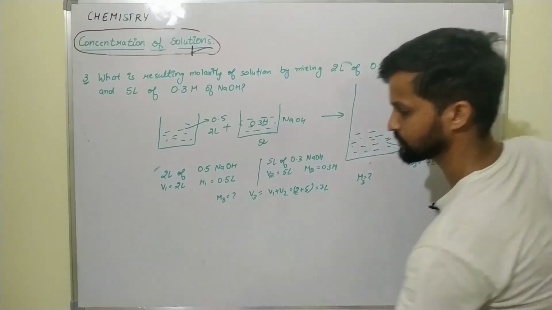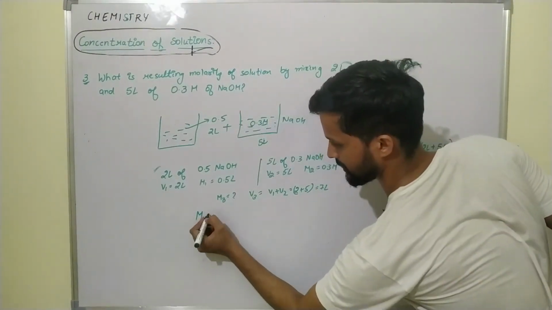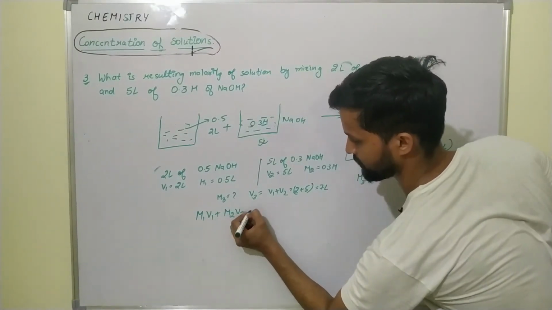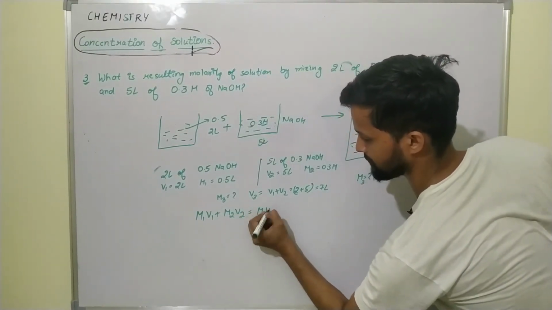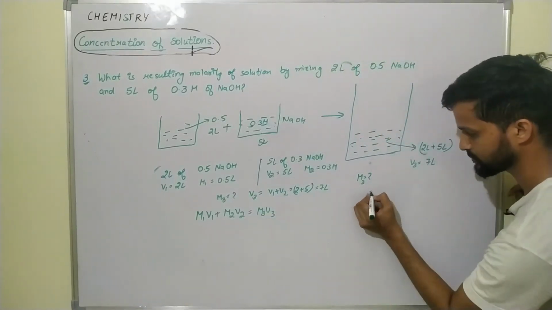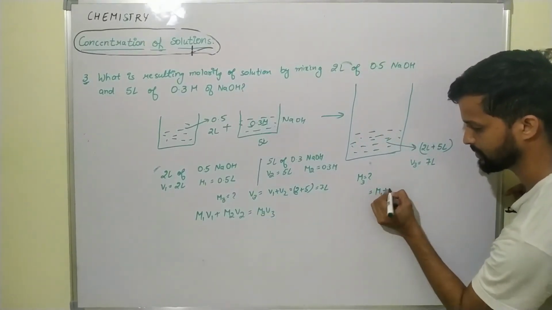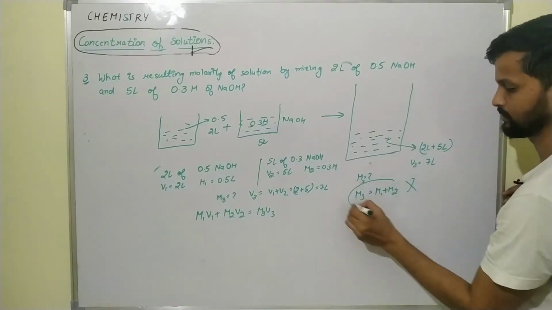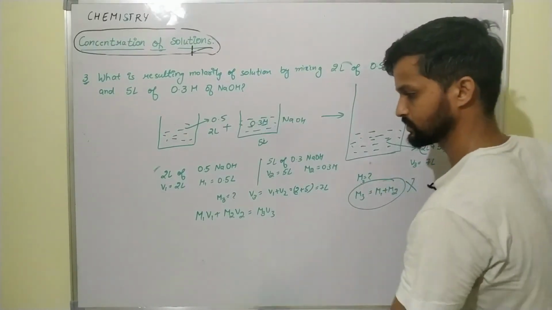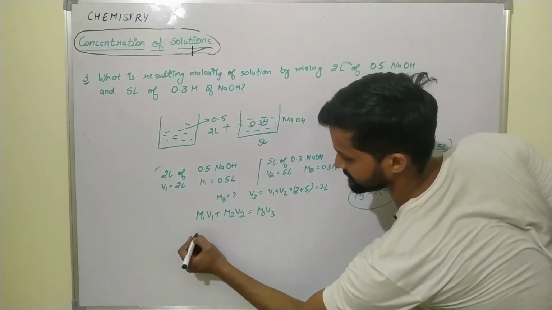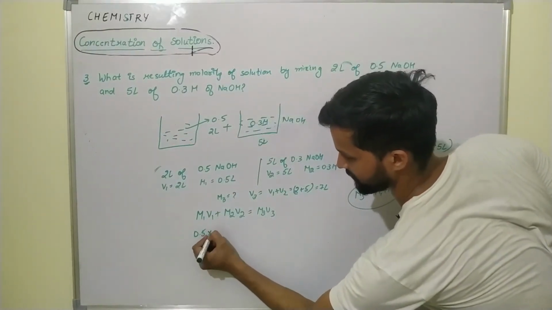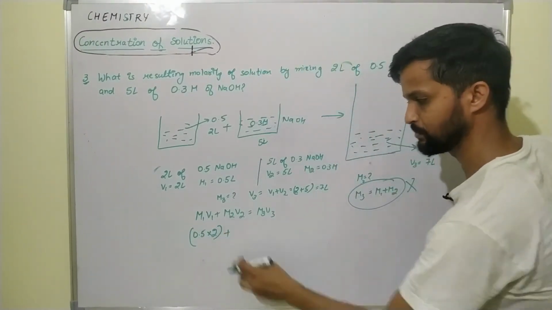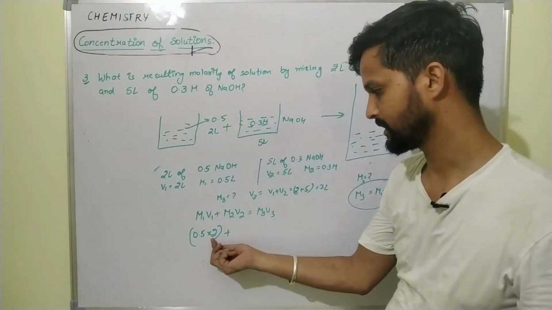So here M1V1 plus M2V2 is equal to M3V3. Here most of the students think that this will happen, but this is the wrong method. Clear? So here M1 is 0.5, V1 is 2, plus. So students, here always use brackets because most of the students directly add 2 plus.